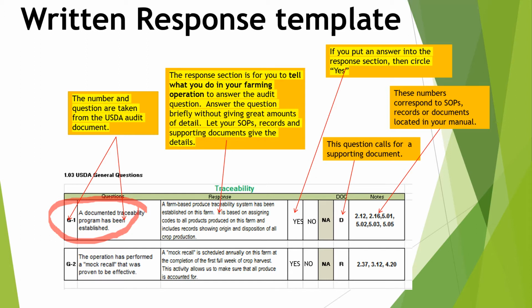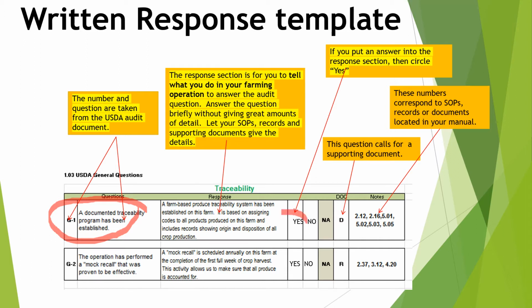The response section is for you to tell what you do in your farming operation to answer the audit question. Answer the question briefly without giving a great amount of detail. Let your SOPs, records, and supporting documents give the details.